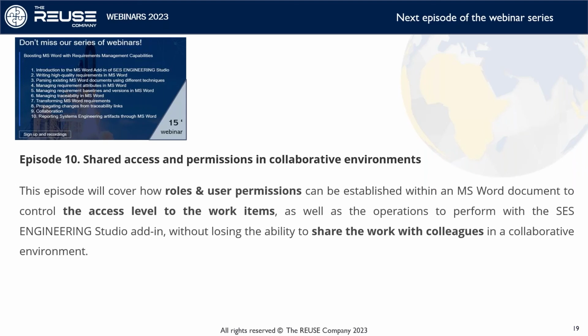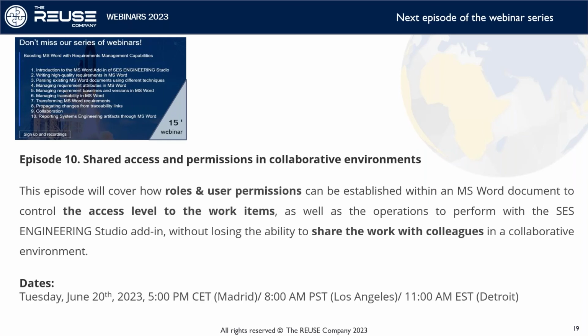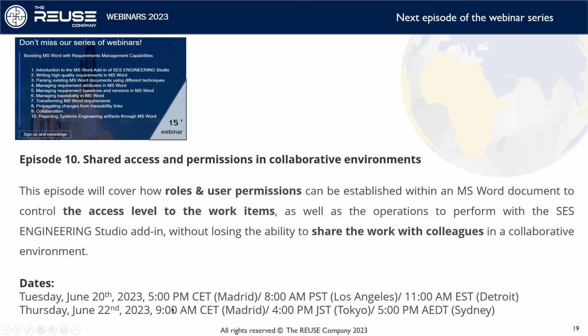So if you would like to see how multiple users can contribute to the same Word document, I invite you to join this webinar, which will be aired on 20th of June, 5 p.m. Central European time, and 22nd of June at 9 a.m. Central European time.